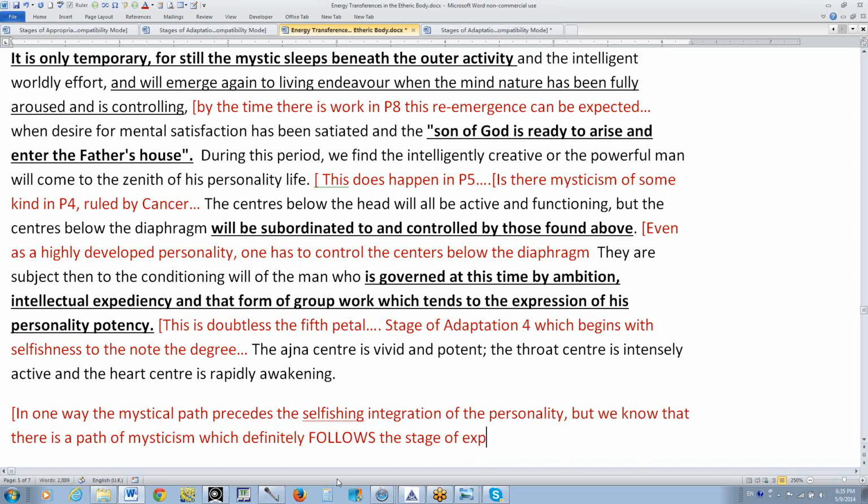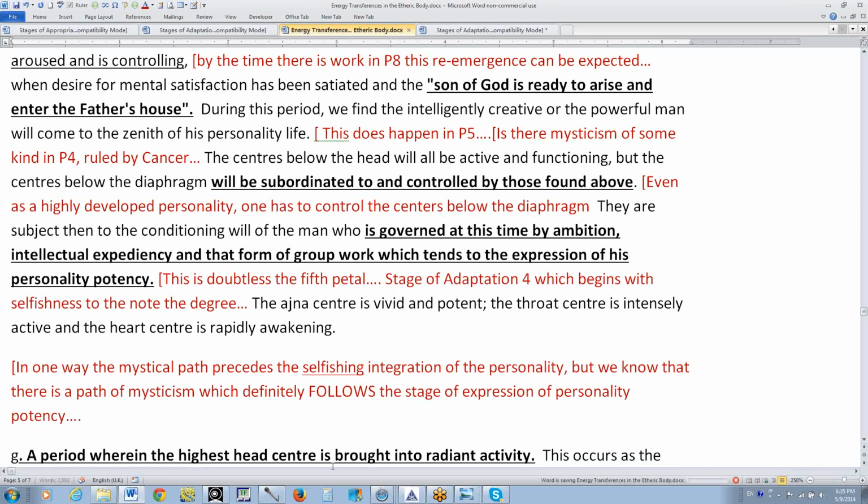Expression of personality potency. So we have a little bit, it's not exactly a contradiction, but it's something to be looked into.